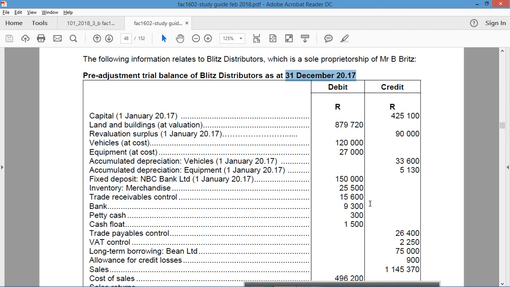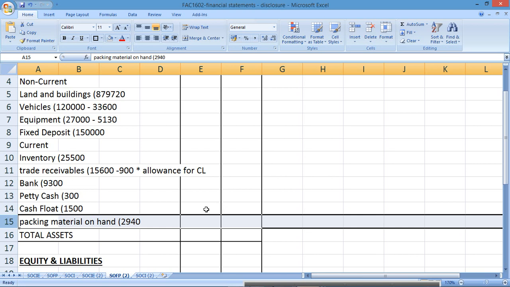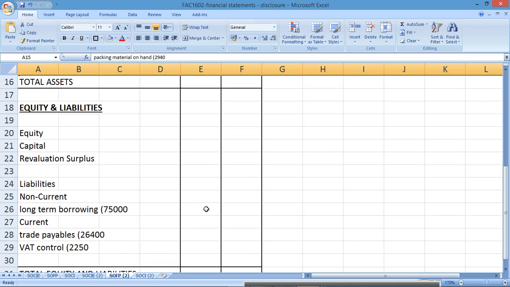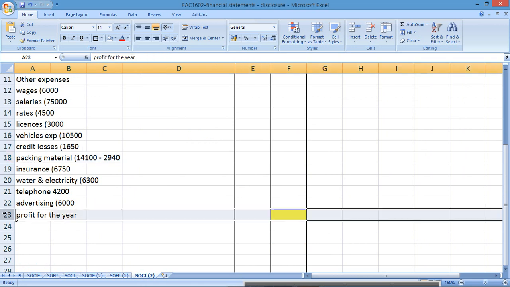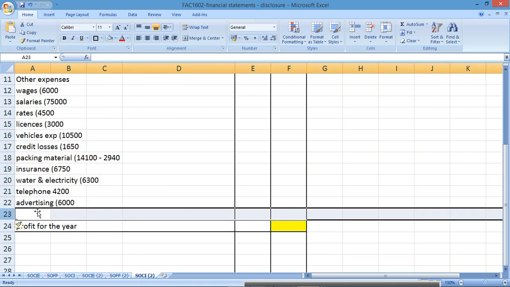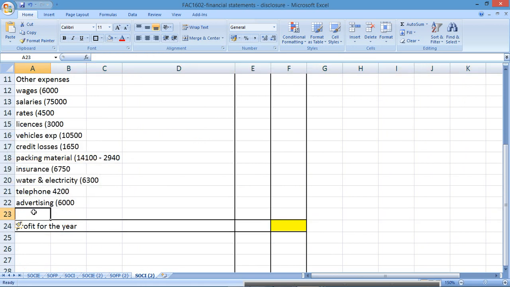Good. So how am I going to account for interest on the loan? You take the loan amount. Which was what? 75,000. Okay, and this is interest on loan.